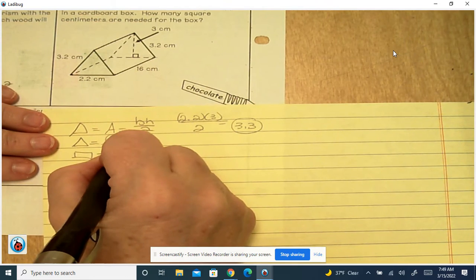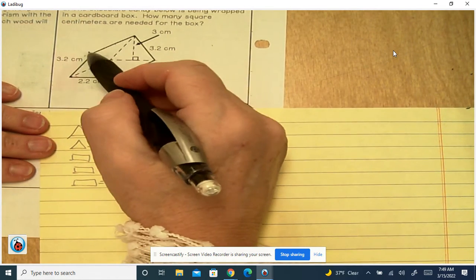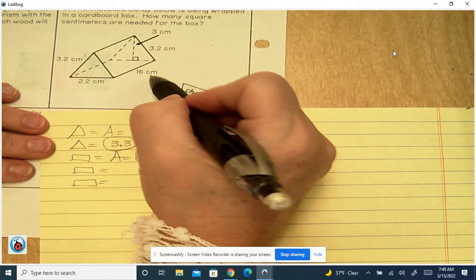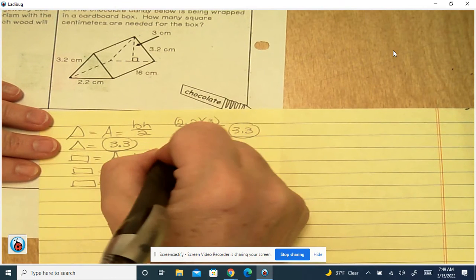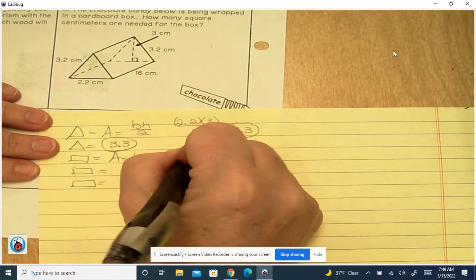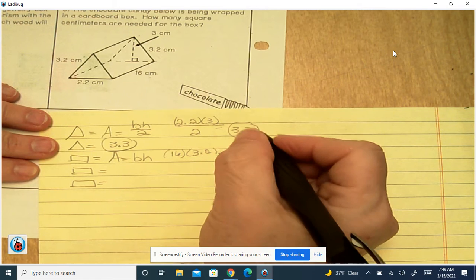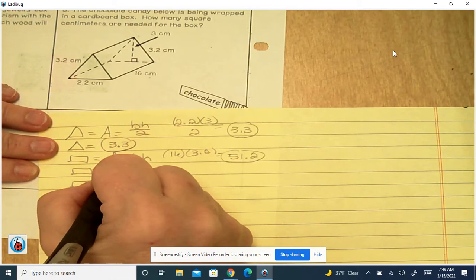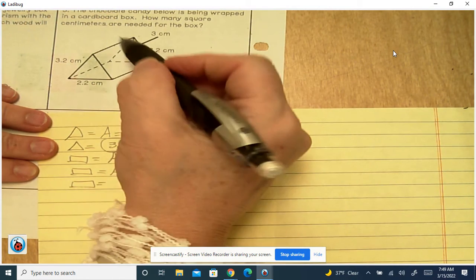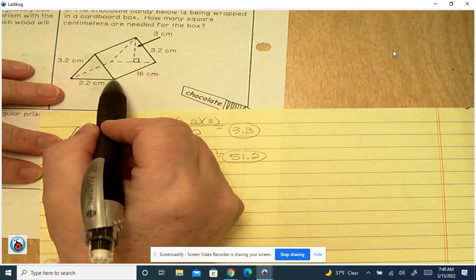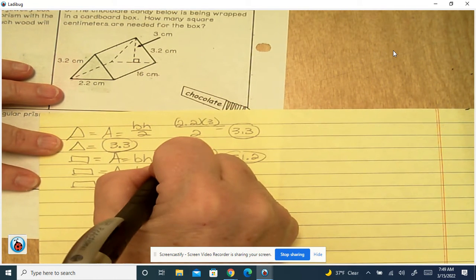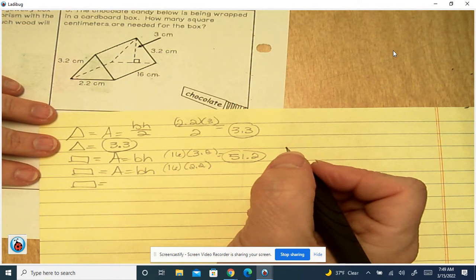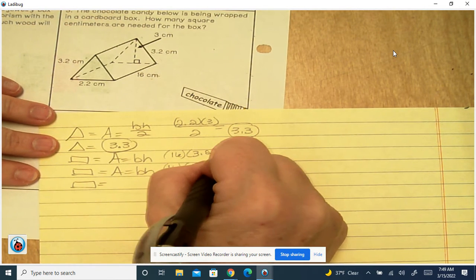All right, so we got an area equals the base times the height. So if we look at this rectangle right here, we have 16 times 3.2, and that equals 51.2. All right, my next area equals base times height. We'll do the bottom, so we've got 2.2 times 16, and we get 35.2.